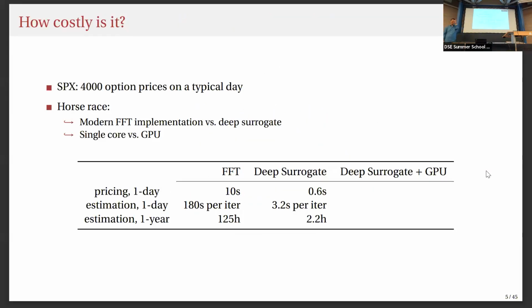So just to give you some taste of the computational savings, with the caveat I gave you earlier in mind. If you use a deep surrogate for the same set of tasks, you can save time by orders of magnitude, right? This is actually without even using the GPU. If you take into account that these neural networks are particularly friendly for parallel computing, you can really drastically save your amount of time.